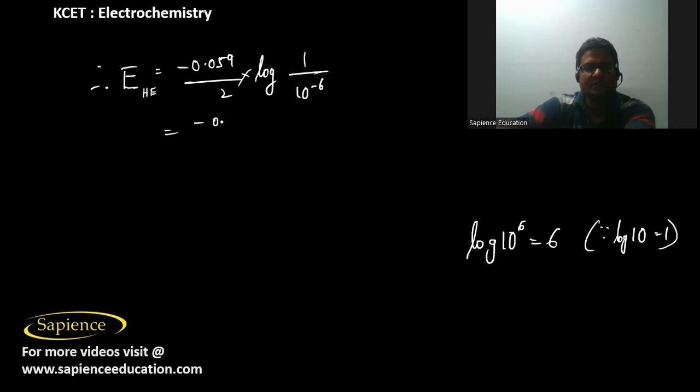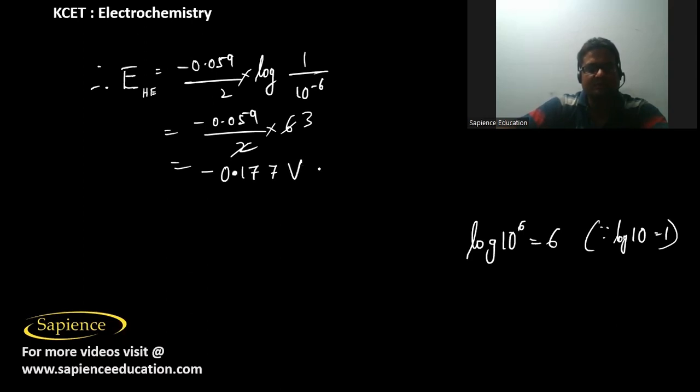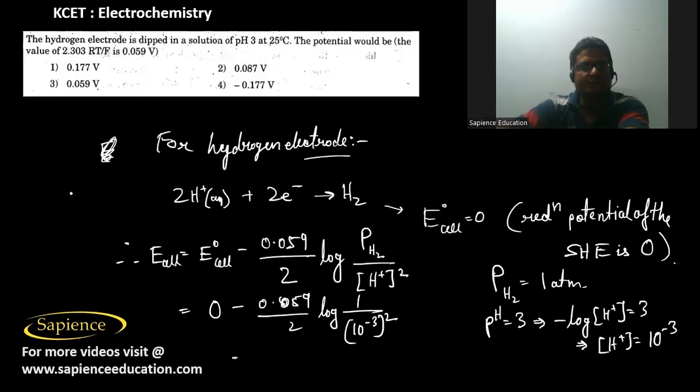So therefore it is minus 0.059 by 2 into 6. So that will be equal to 2 3s are 6. So it will be 3 9s 27, 3 is 15, so 17. So it is minus 0.177 volts. So option 4 is the correct answer.